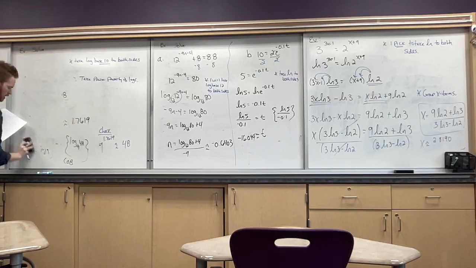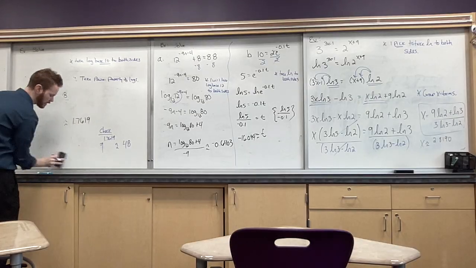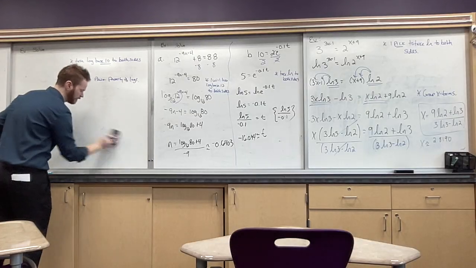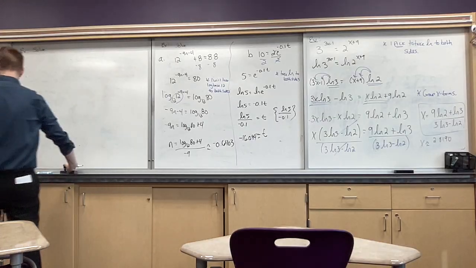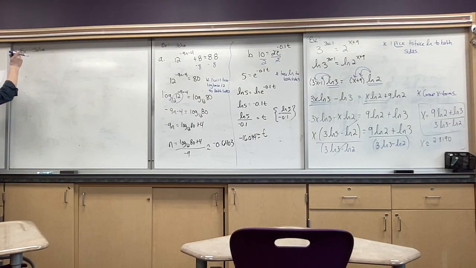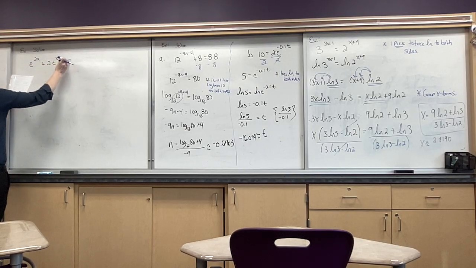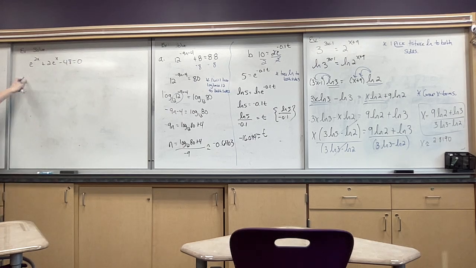But we're going to have to use a little bit of quadratic form for it, okay, as a way to solve it. So we're going to bring back quadratic form just for a little bit. So same thing, solve. So e to the 2x plus 2e to the x minus 48 equals 0. Okay? Now, one of the things to notice is that looking at these last couple examples, I can't really isolate anything.